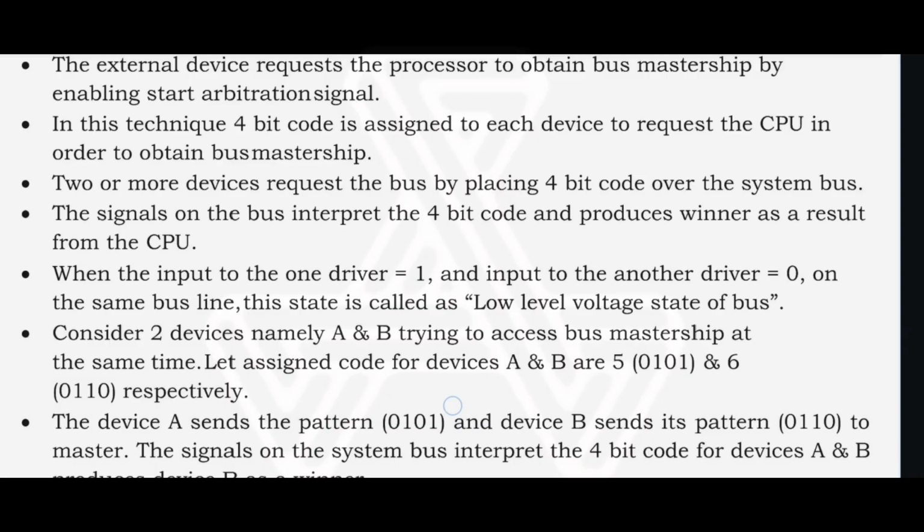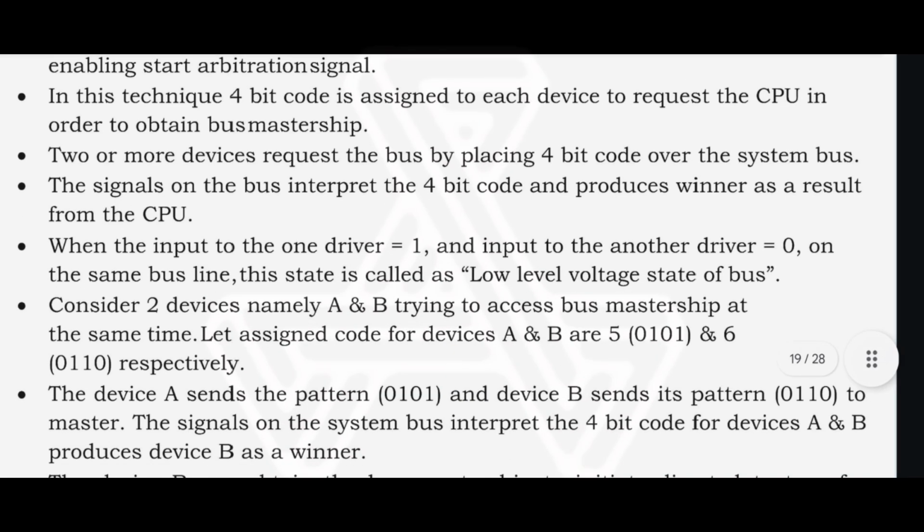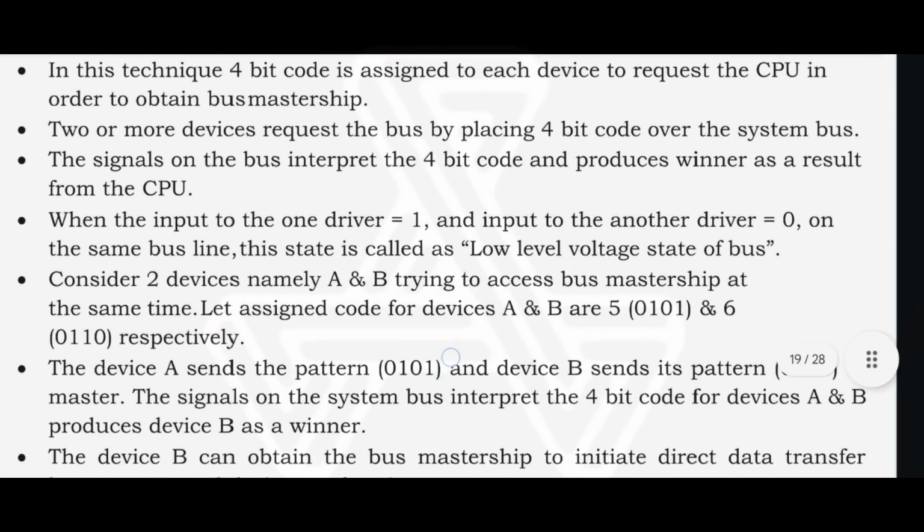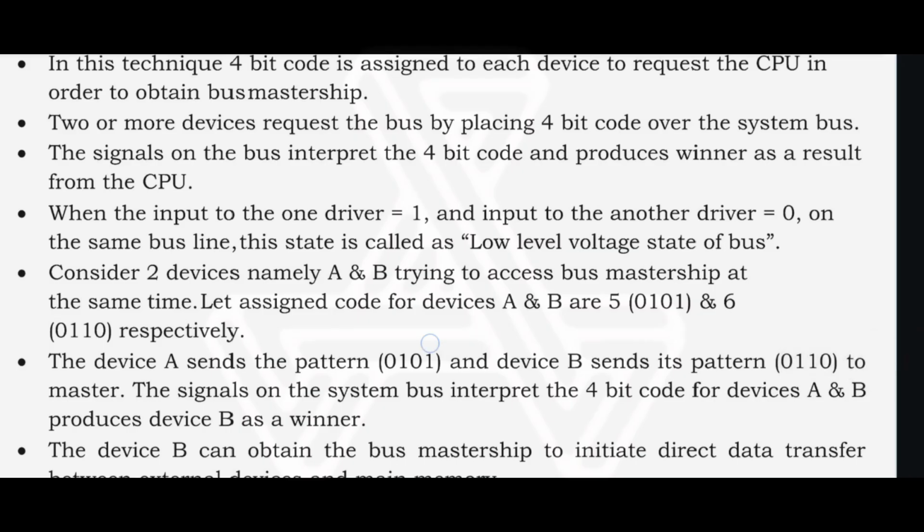The signals on the bus interpret the 4-bit codes and produce a winner. When the input to one driver equals 1 and the input to another driver equals 0 on the same bus line, this state is called the low level voltage state of the bus.